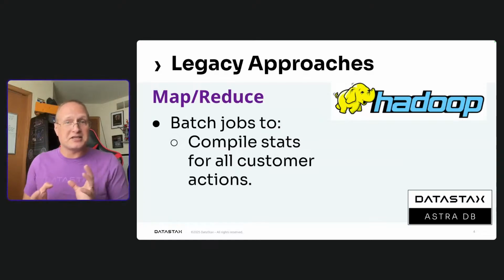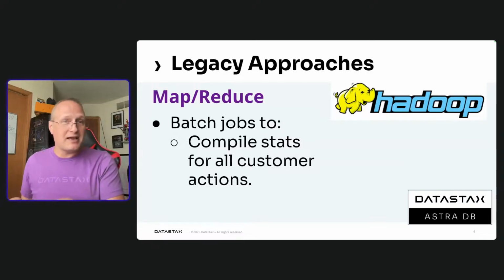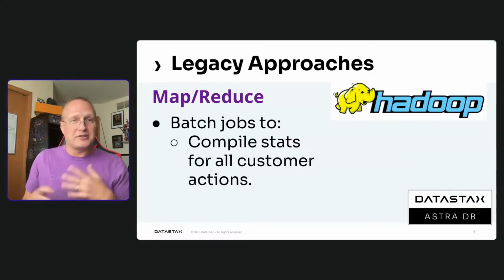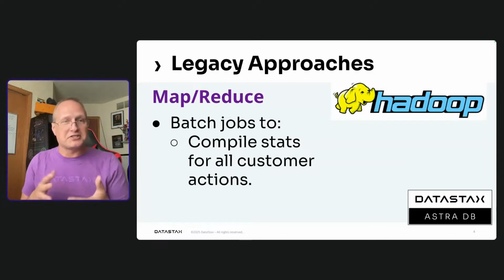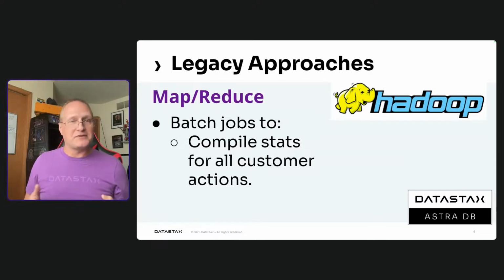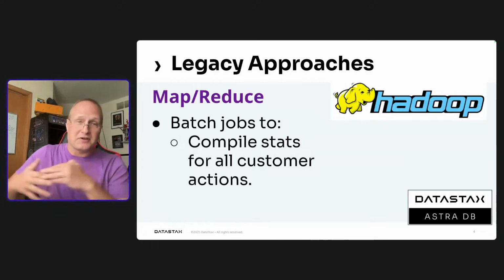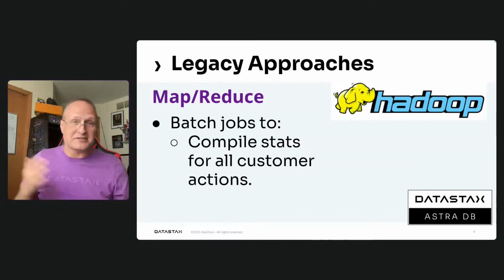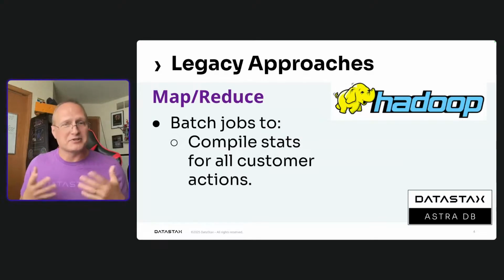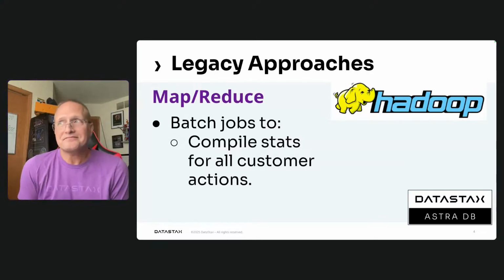It would compile statistics on where every customer on the website went and what they added to their cart. It would try to help establish relationships between customers, so that if you added something to your cart, it'd say, hey, other people who added this to their cart also had this in their cart, or also liked this. It was a way to establish those relationships.